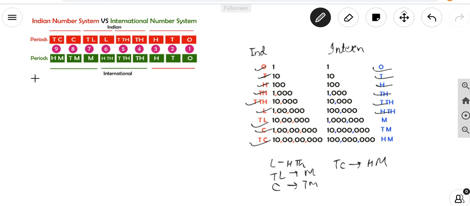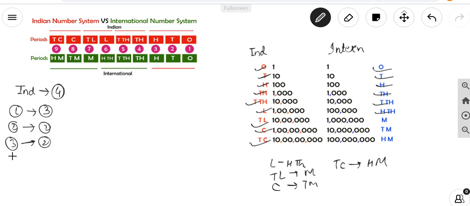The main difference is that in the Indian number system there are 4 periods. In the first period we have 3 places, in the second period we have 2 places, the third period we have 2, and the last one, the fourth period, also has 2 places.